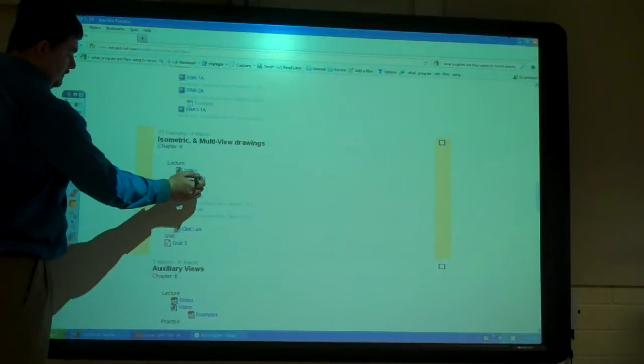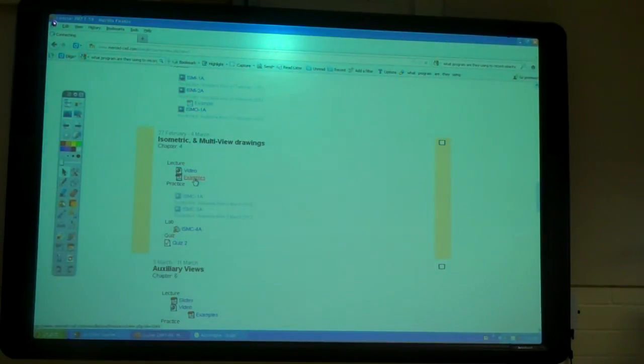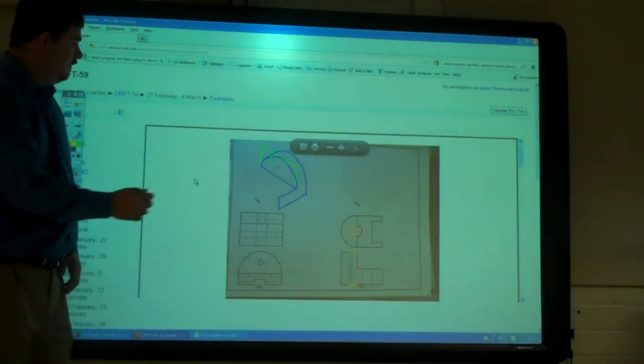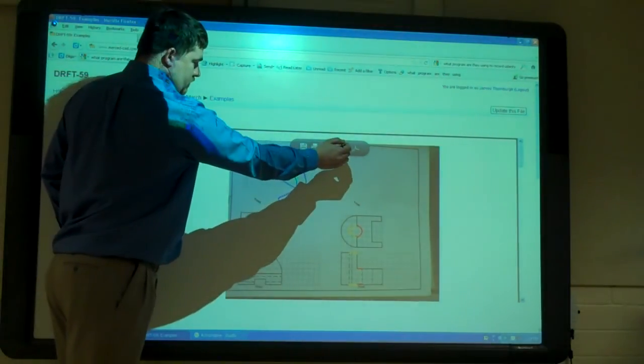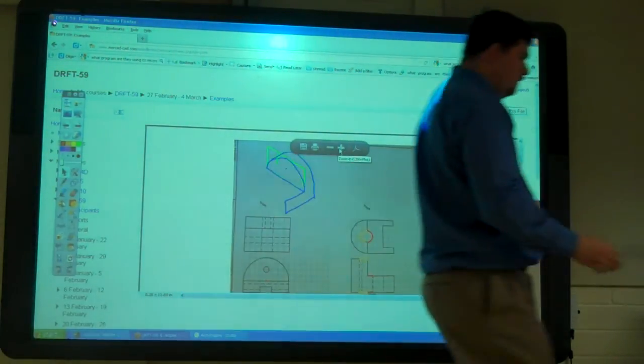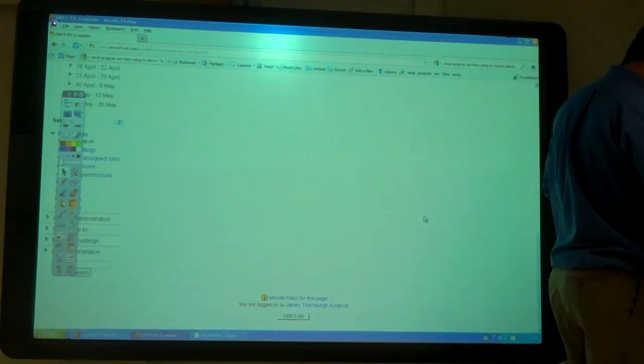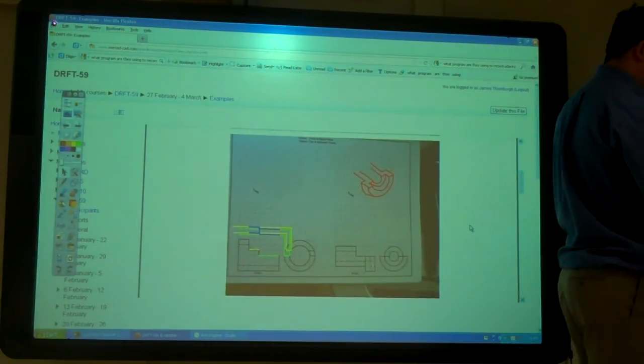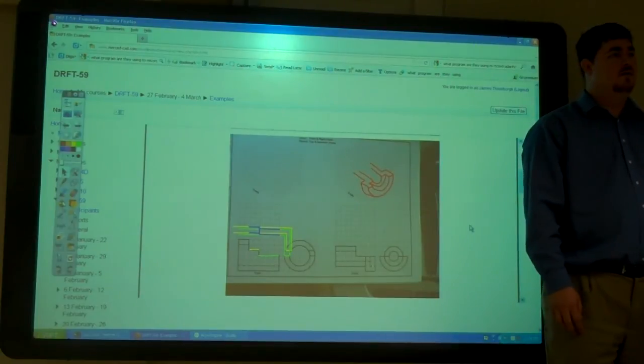If you look at this example right here, I have that one. Oh, I thought I had it in there. There it is. What it's supposed to look like.